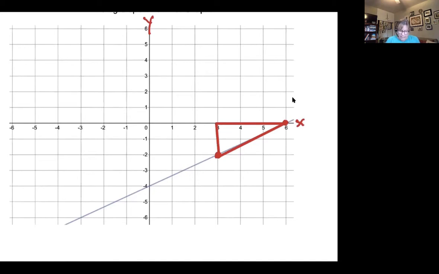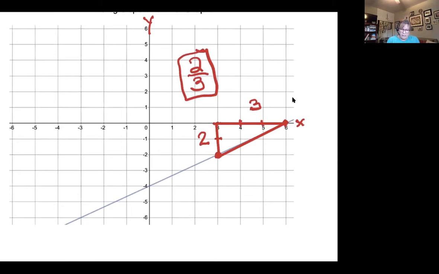So my rise is how far up did I go? Don't count the point itself. 1, 2. I went up 2. And remember, up is positive. And then I went over, don't count the corner. 1, 2, 3. So my rise over run is 2/3, and that's the slope of that line.